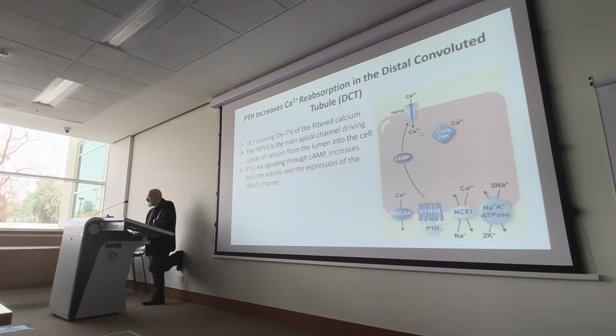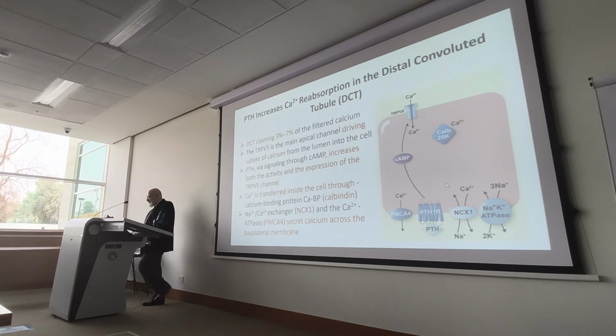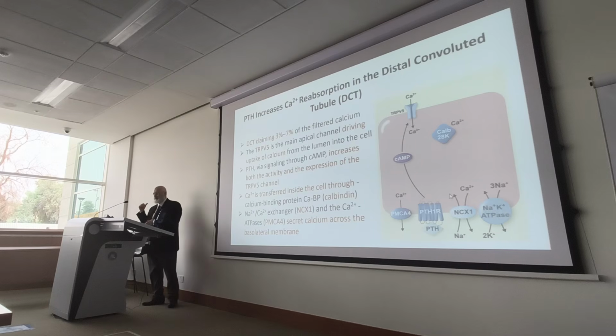Calcium will come back inside the cell from the urine and then bind to calbindin, a calcium binding protein, and then it will be transferred back to the circulation through the sodium calcium exchanger, NCX1, and the calcium ATPase PMCA, which secrete calcium across the basolateral membrane.